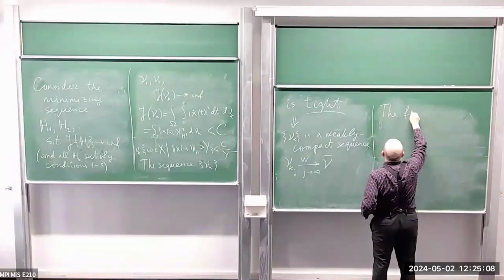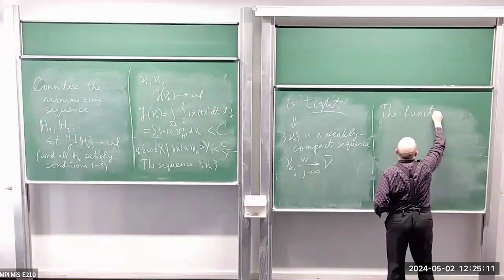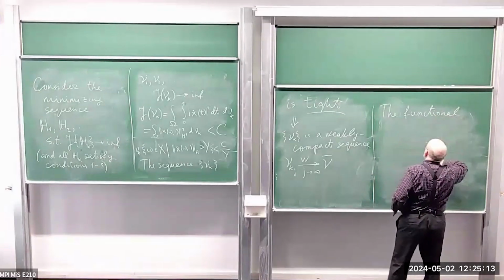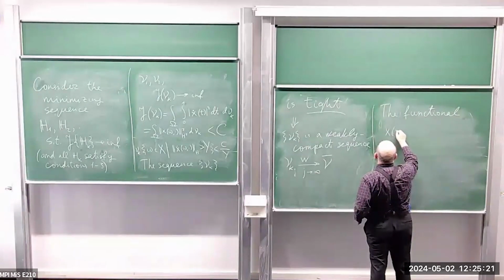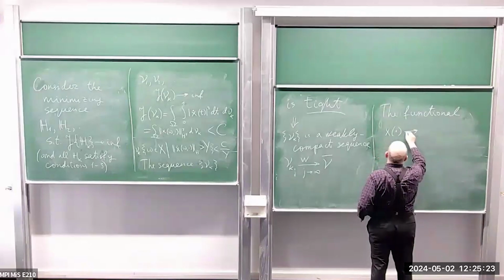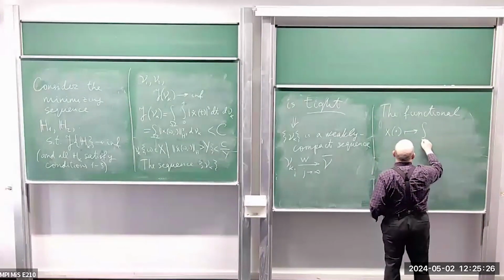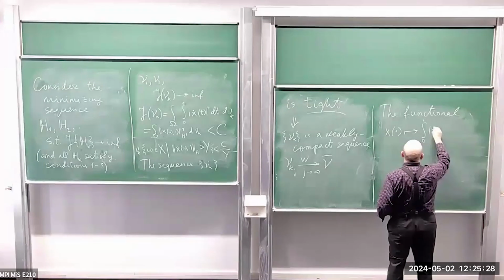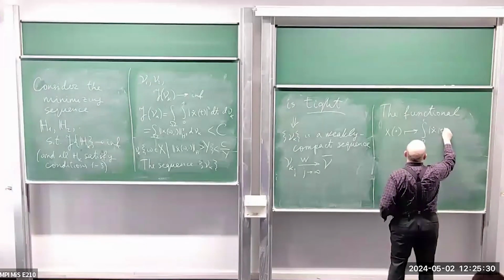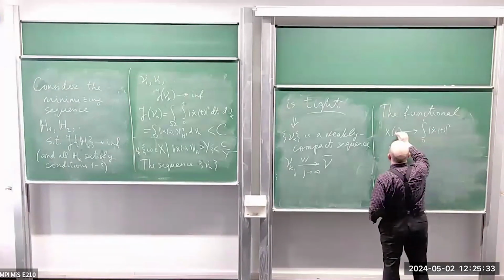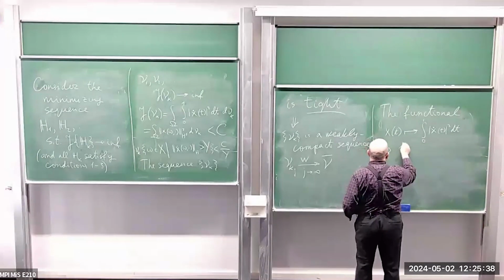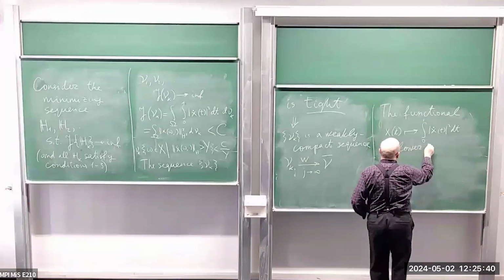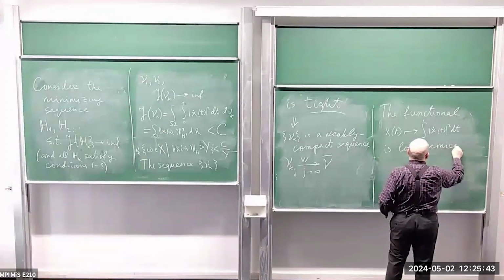And second, what we find is the following. The function x goes to the integral of x dot of t squared dt is lower semicontinuous.